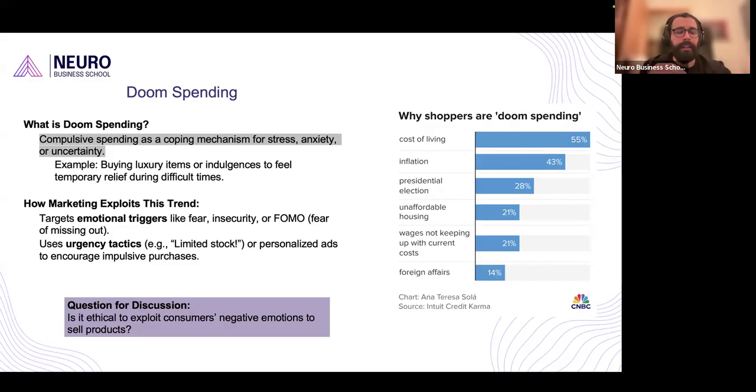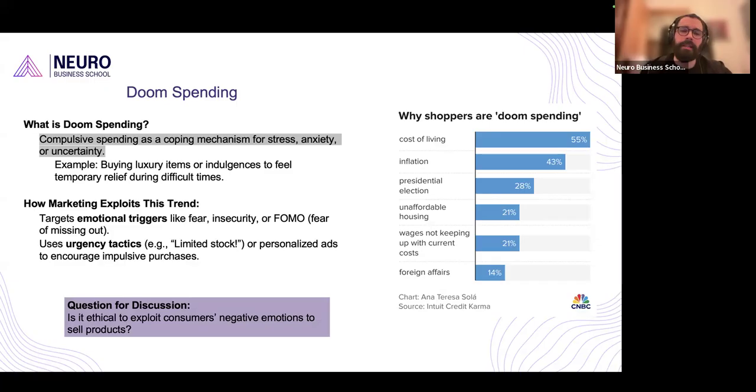So, for example, that happened during the coronavirus, when people started buying lipstick, even though they were not able to go outside because they were under quarantine in their homes. They started buying, probably through e-commerce, lipsticks.